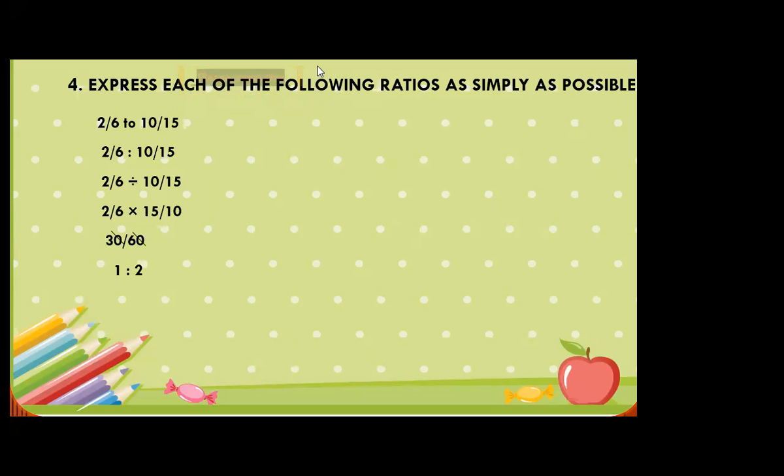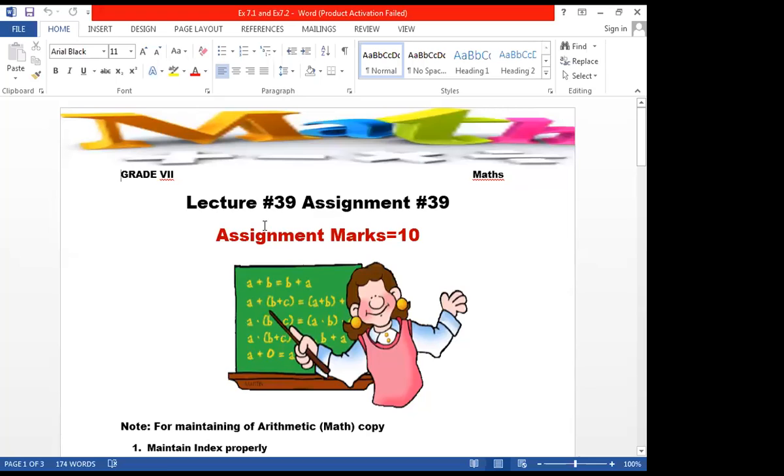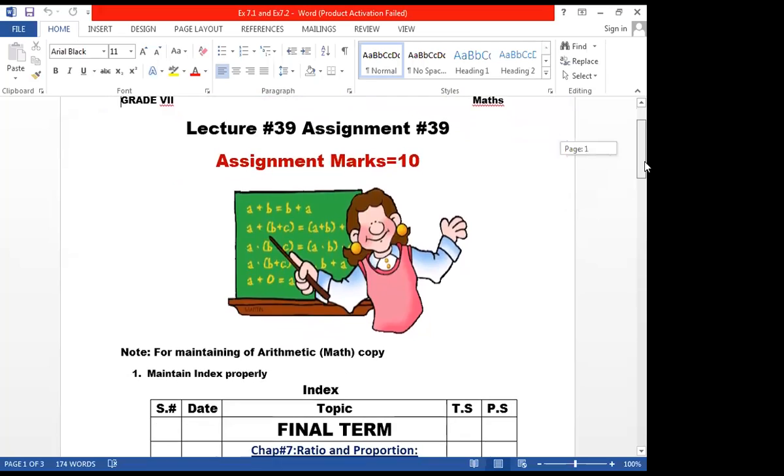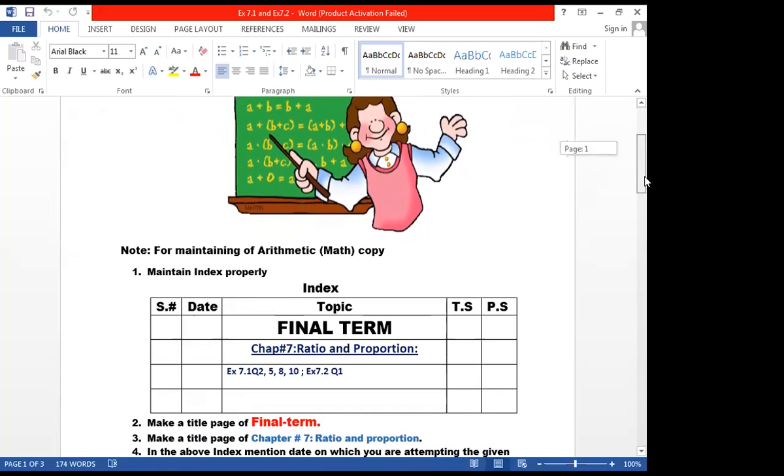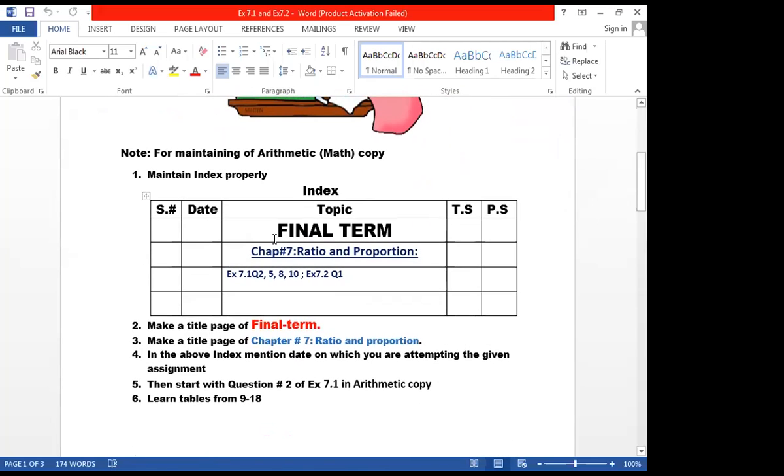Now, here I am going to show you your today's assignment. Assignment for today is you have to do this assignment in arithmetic copy. Students, what I want from you, please make the proper title page, write down in the index properly with the final term.